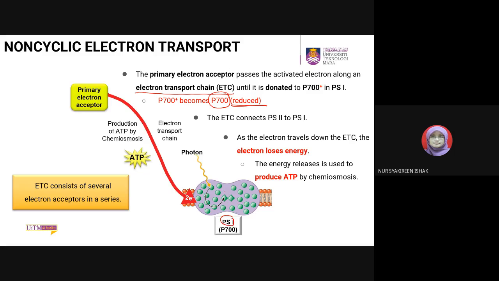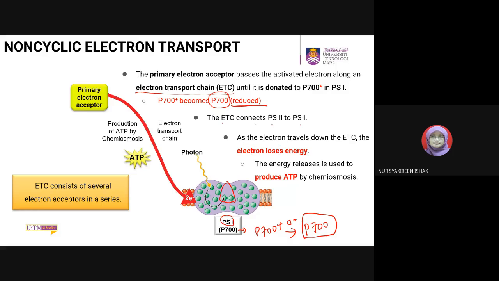So photosystem 1 dekat reaction center dia ada P700. So P700 ni sebab dia nak receive electron daripada photosystem 2, maksudnya dia dalam keadaan asalnya oxidized. Okay, so bila dia receive electrons kan, so dia akan become reduced jadi P700. So the electron transport chain connects photosystem 2 to photosystem 1.